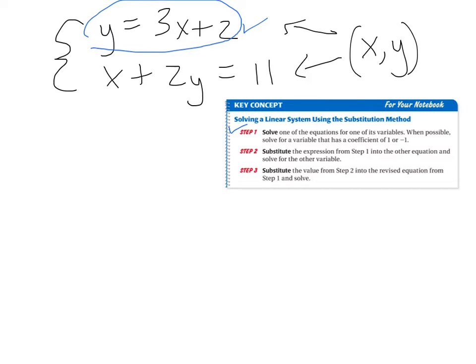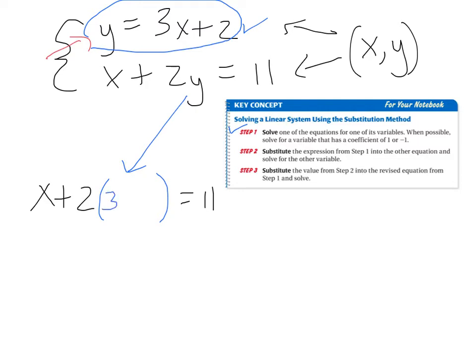What I like to do is read this sucker a million times. y is 3x plus 2, y is 3x plus 2. And then I start to write the other equation, x plus 2, wait, y. Instead of writing this y, I'm going to write what y is. As I just mentioned, y is 3x plus 2 from the first equation.